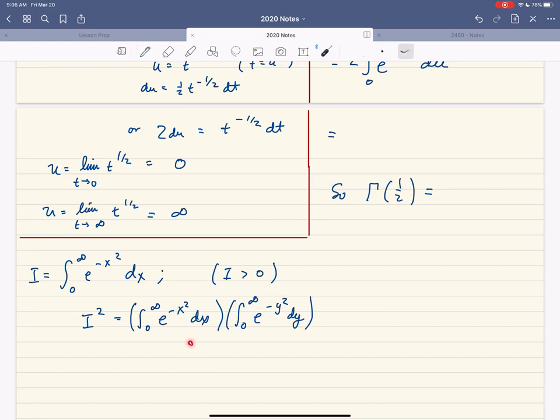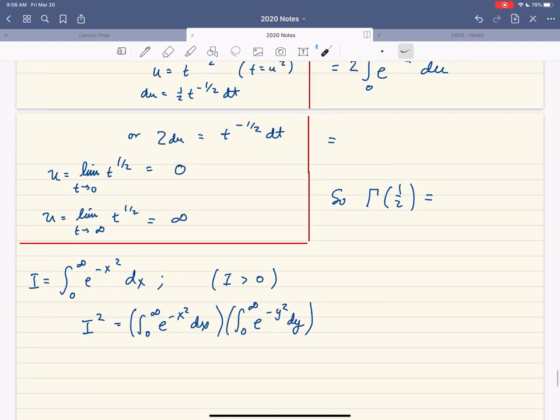Both of those terms are the same integral, just with different variables, so this really is I squared. The reason for writing it in terms of two integrals is that now I can combine this into a double integral. This is the integral from 0 to infinity and from 0 to infinity of e to the negative x squared, e to the negative y squared, dx dy.